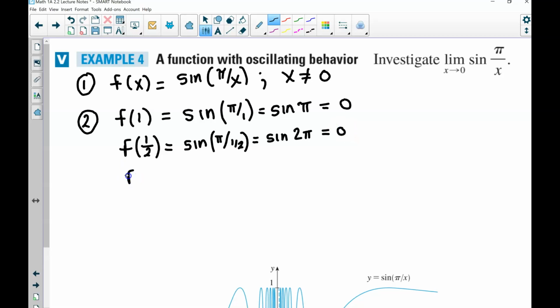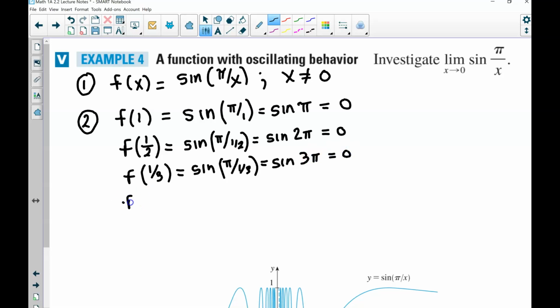If we take a look at f of 1/3, this would be sine of pi over 1/3, which is the sine of 3 pi, which equals 0 again.